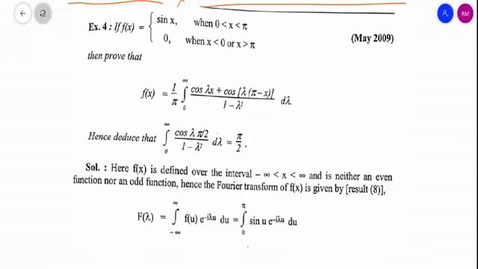For other places it is 0. Means for 0 to pi, just replace f of u by sin u, we get this equation: F of lambda is equal to the integral of sin u e raised to minus i lambda u du. So this is nothing but the Fourier transform of the given function, say f of x.